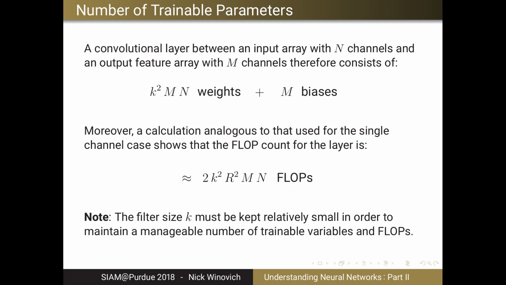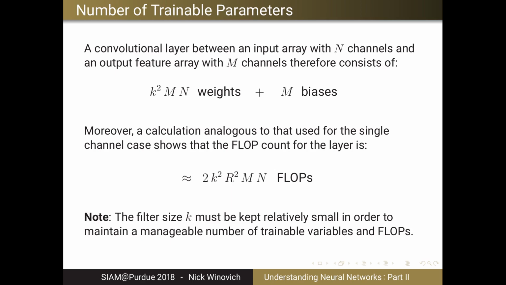And lastly, we've already done the floating point counts for a single layer. Here we see, not so surprisingly, that we just multiply that by the number of layers, the m times n connections between the channels, to get the flop count for a multi-layer convolutional layer.